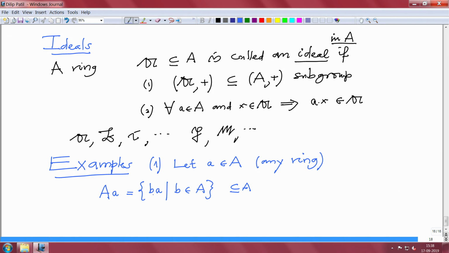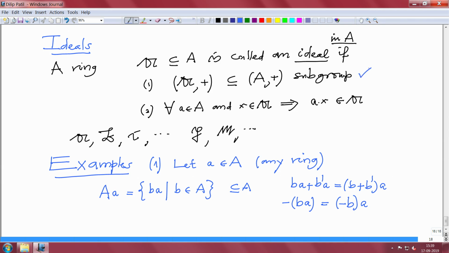Obviously, if I take two such elements b a and another one b prime a and add them, it is again of this form. This is b plus b prime times a. See, you have used the distributive law here. So, therefore, this is closed under addition, and also it is closed under additive inverses, because minus of b times a equals minus b times a. So, this is obviously a subgroup, and this we have checked.